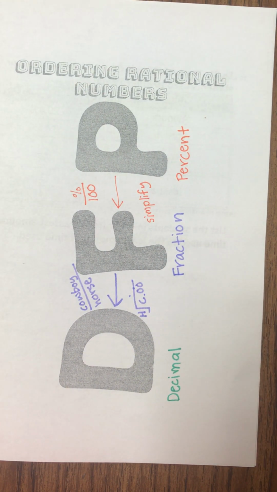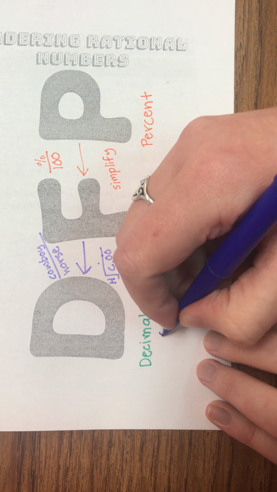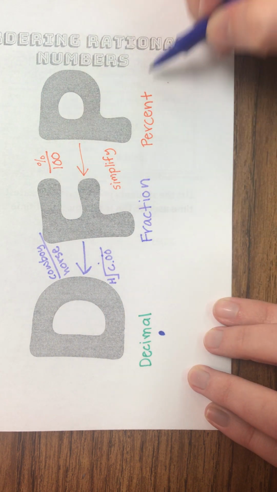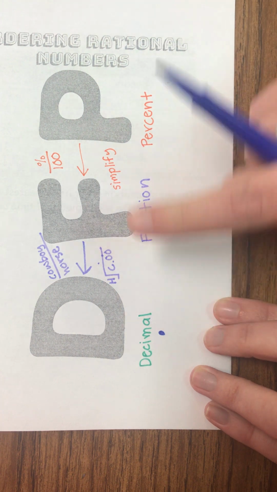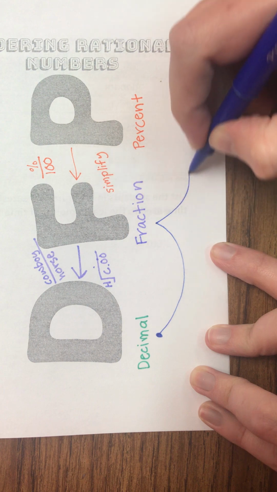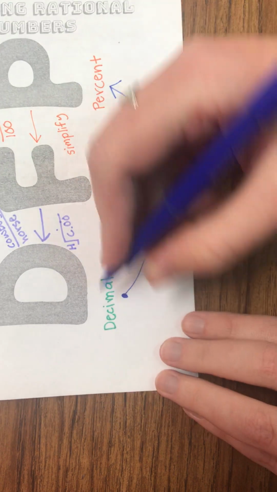And then let's go from a decimal to a percent. If I have a decimal, I'm moving from a decimal to a percent, so I'm moving this direction now, but I have to go 2 places. I'm going to think about those as hops. So I can move 1, 2. Okay? Let's use that example.